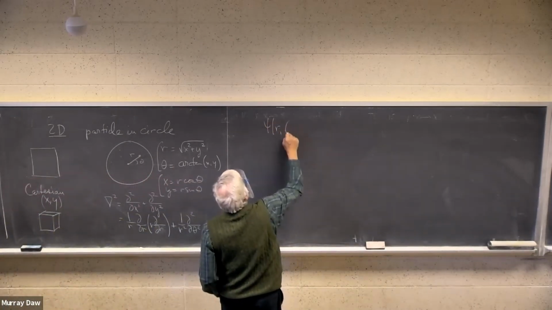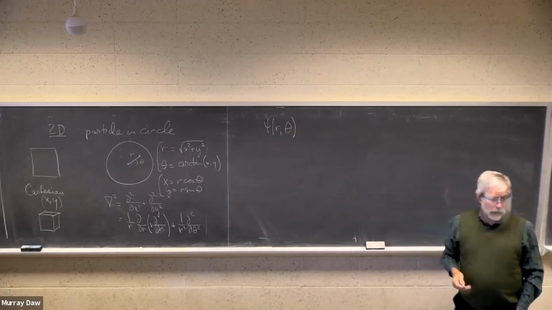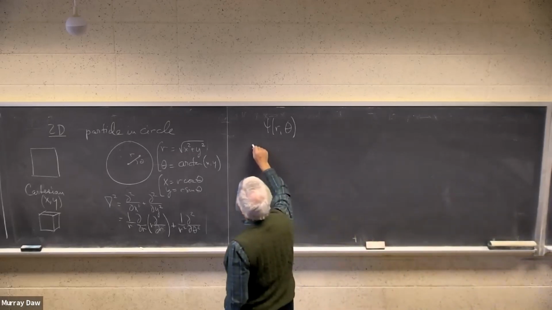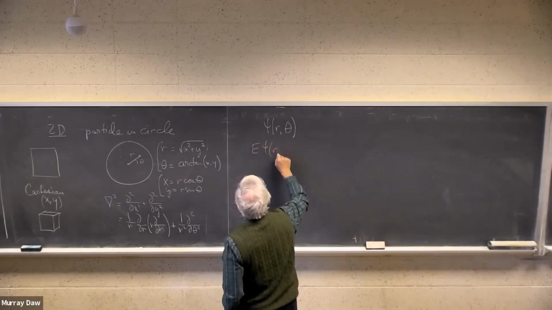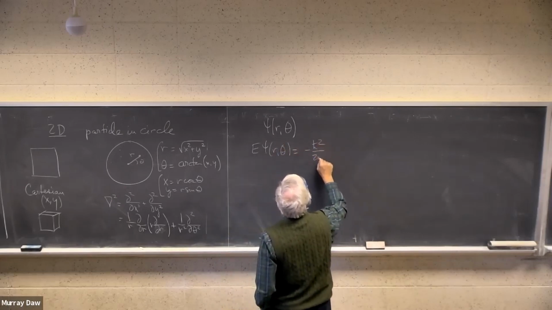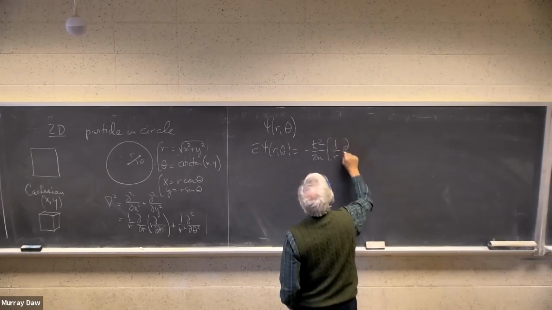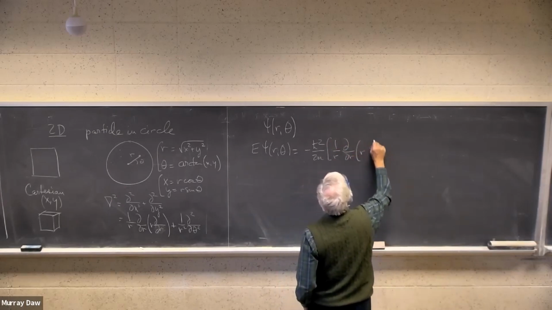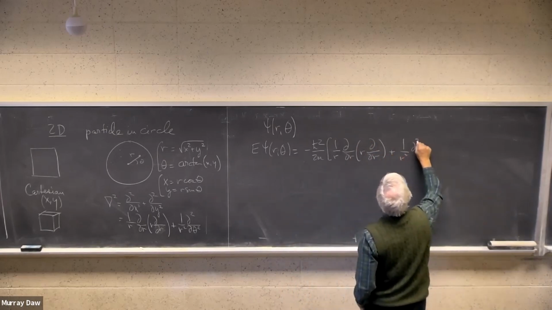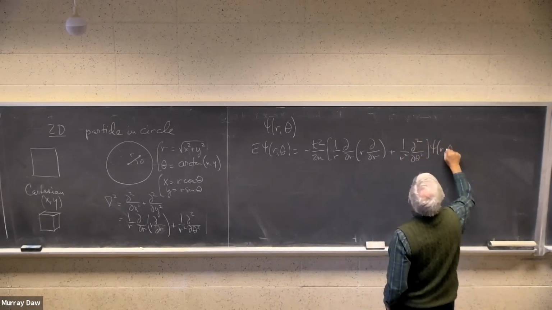Well, obviously, we're going to express the wave function in polar coordinates, so rather than in terms of x and y, it's in terms of r and theta. And now, for instance, we have the time independent Schrodinger equation for the particle in the circle. It looks like this.